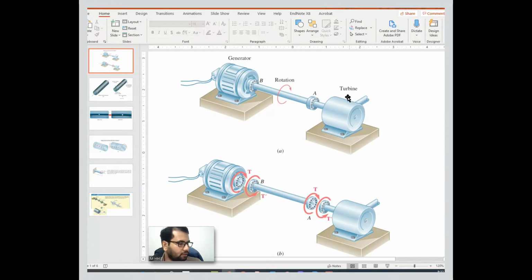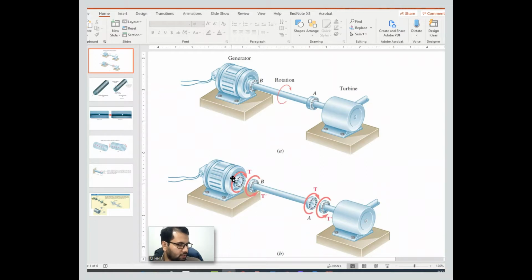So this turbine is coupled with this generator, and there is a shaft which has two couplings, A and B. Now when this turbine rotates, this rotation is transferred to this generator by the shaft AB, A to B. And as you see, this coupling experiences a torque, and this is opposite.